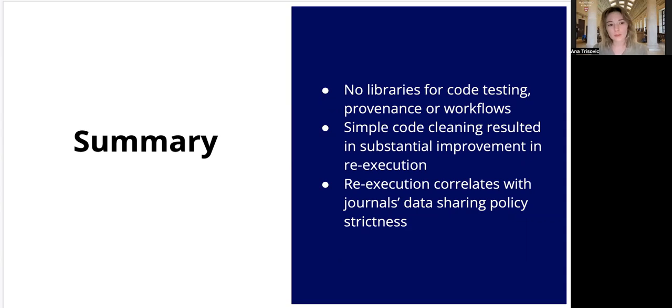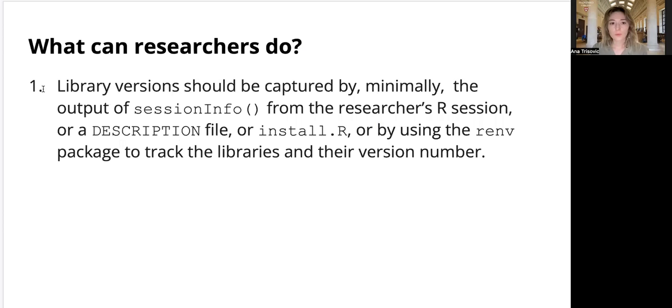All right, so what are the lessons learned, and what can researchers and research labs do based on these results? When it comes to coding in R, there are some things that the R language provides that can be used directly.